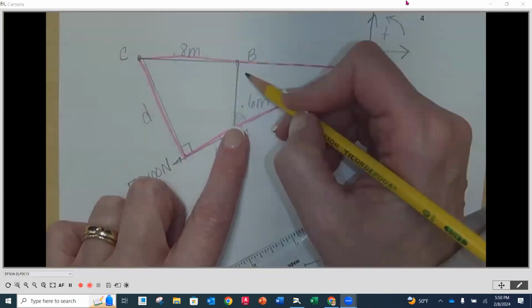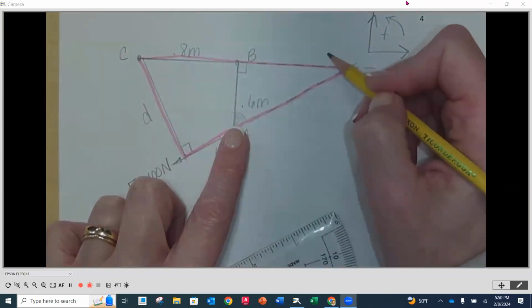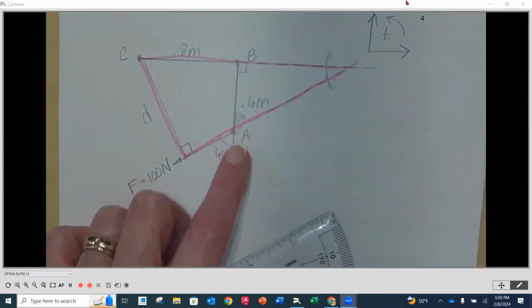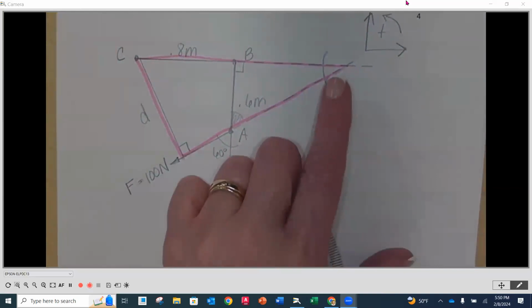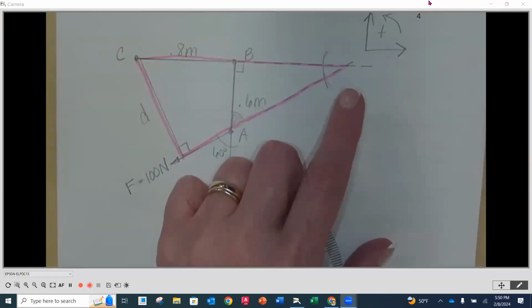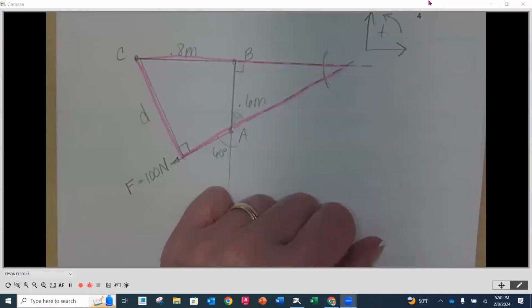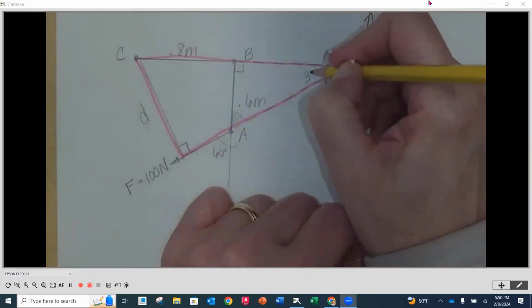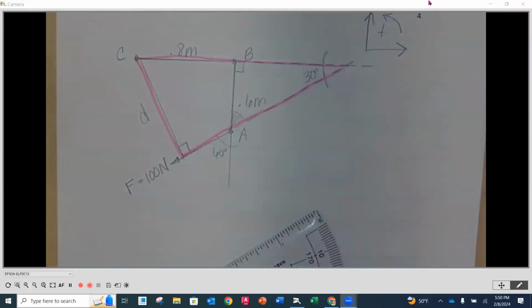I have another right triangle right here. So what is this angle right here? You can do it in the chat too, virtually, if you want. 30 degrees, yes, 30 degrees right there. And that's also 30 degrees for the big triangle.